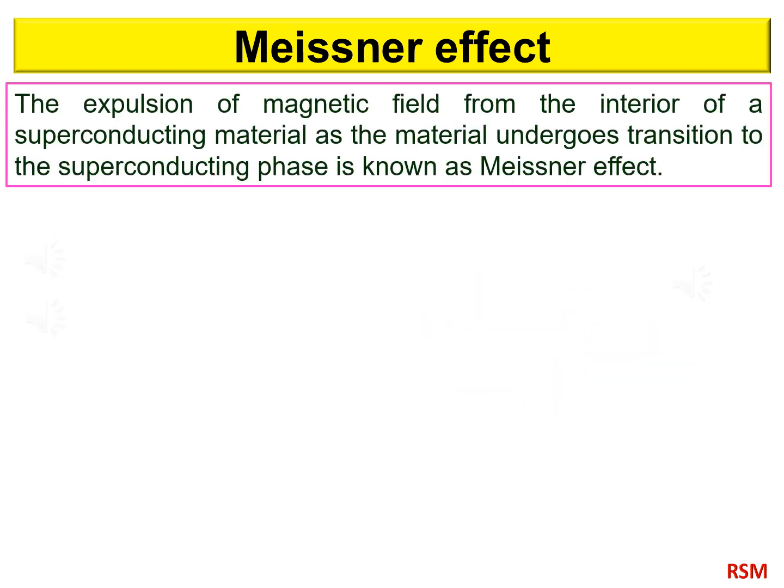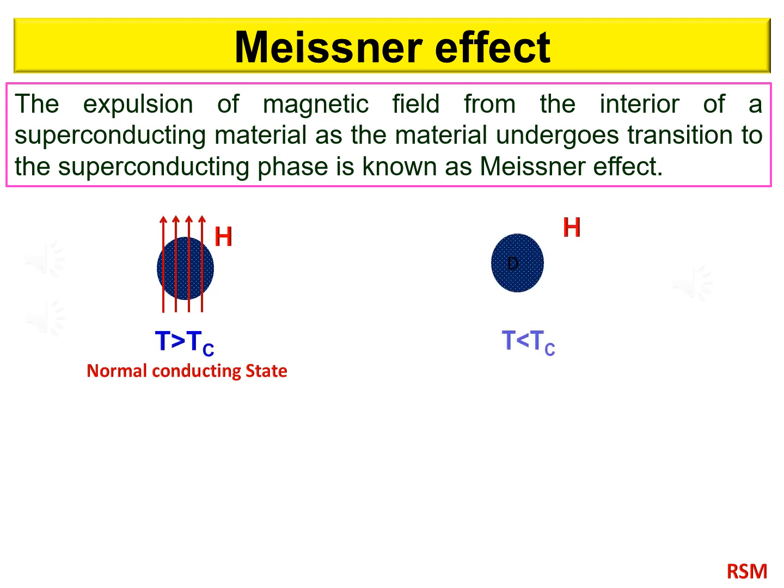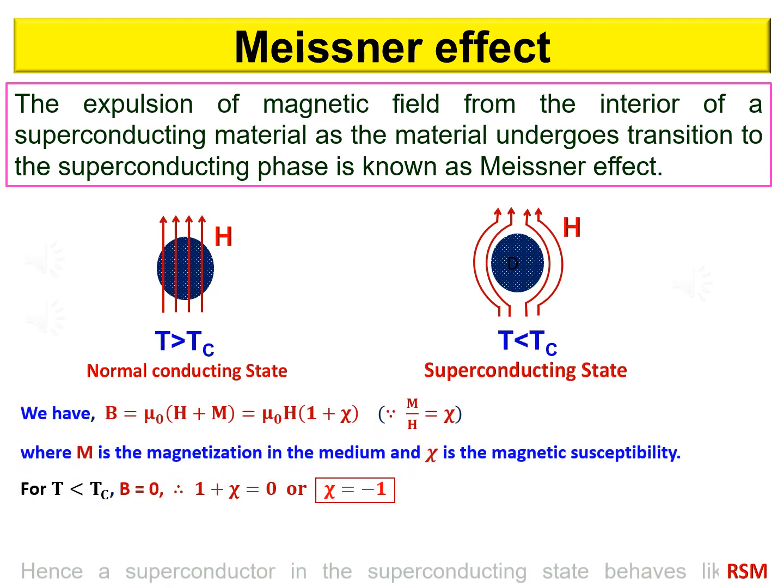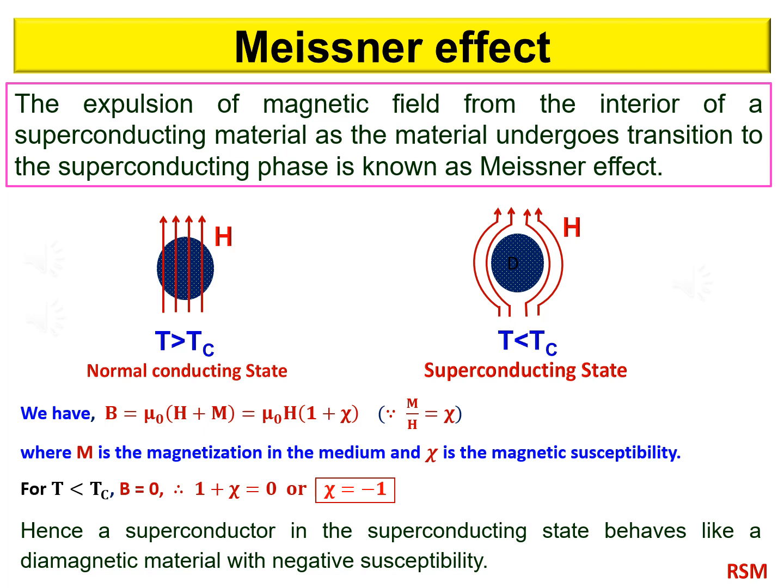That is, the expulsion of a magnetic field from the interior of a superconducting material as the material undergoes transition to the superconducting phase is known as Meissner Effect. Hence, a superconductor in the superconducting state behaves like a diamagnetic material with negative susceptibility.